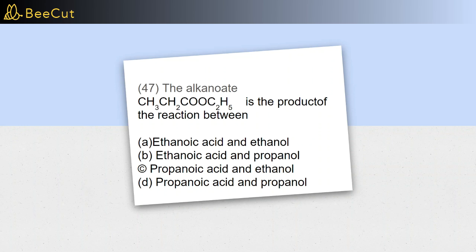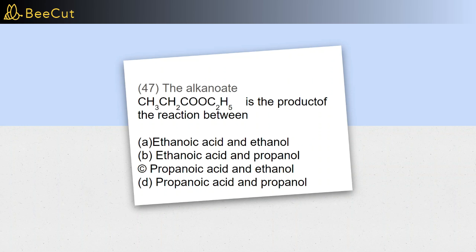The alkanoate CH3CH2COOC2H5 is the product of the reaction of A, ethanoic acid and ethanol; B, ethanoic acid and propanol; C, propanoic acid and ethanol; D, propanoic acid and propanol. Let's see the equation.